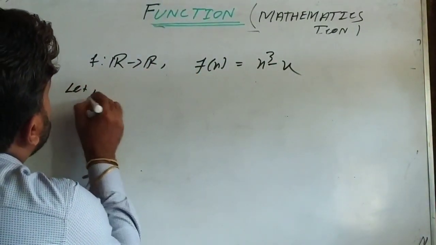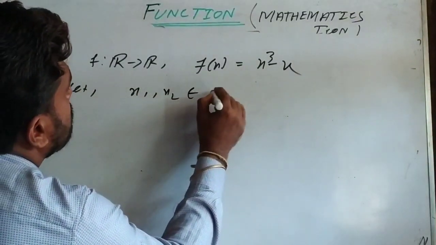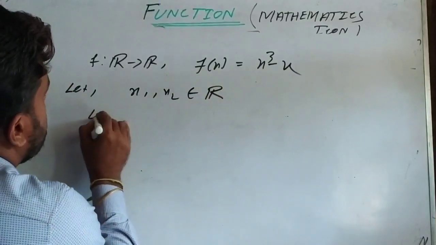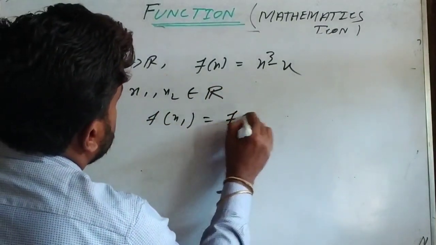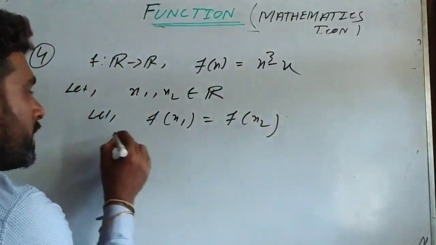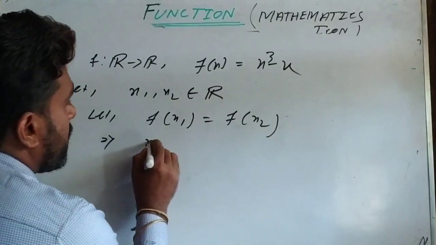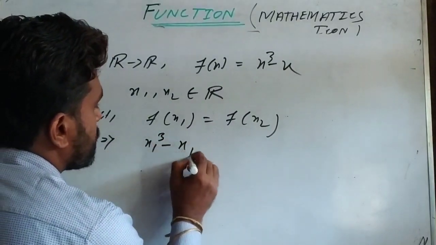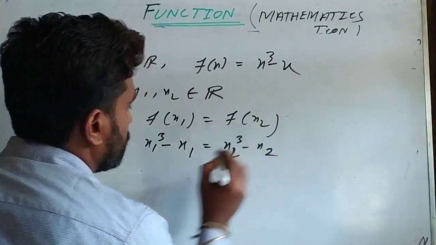Let, for the oneness property, x1, x2 belong to the real numbers. Let f(x1) equal f(x2). So here x1 cube minus x1 equals x2 cube minus x2.